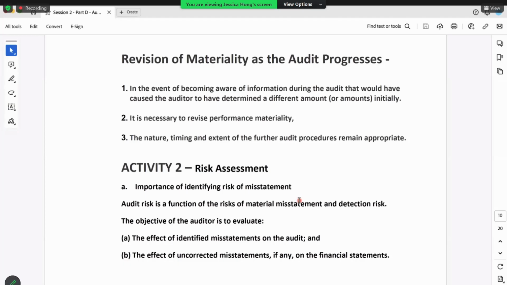So that will draw your focus that there could be a likelihood of more material misstatements in some of those areas that you have not seen, or maybe in areas where you think you have not done sufficient work. So your performance materiality could be reduced in response to this discovery.